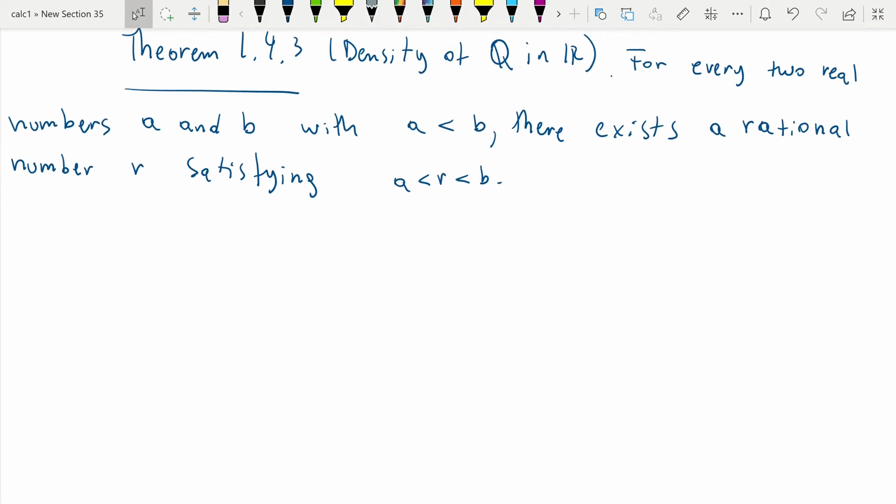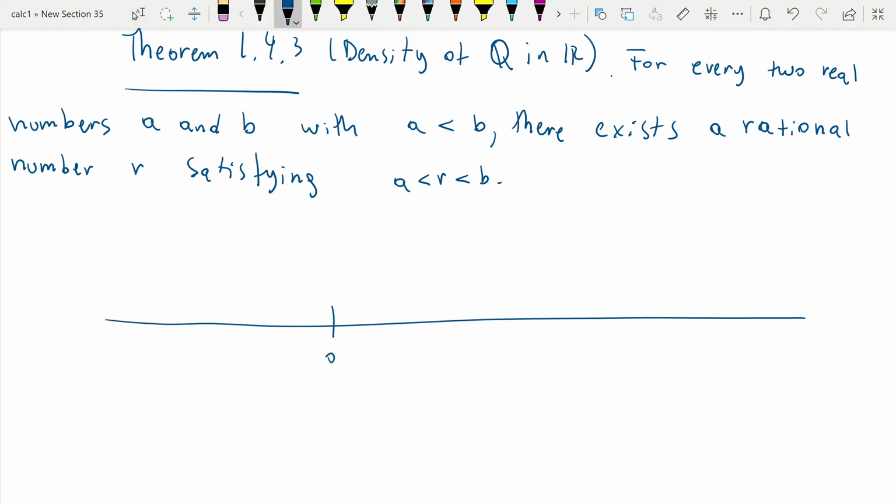Before actually looking at the proof, the point is the following. So this is the real line. So this is 0.